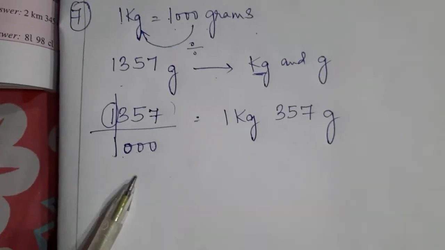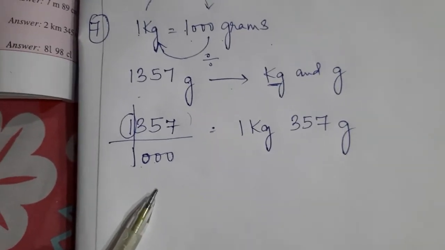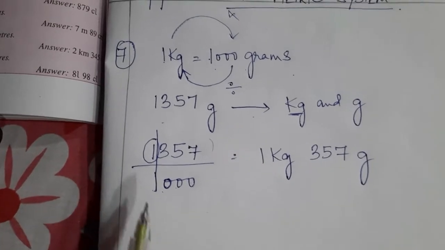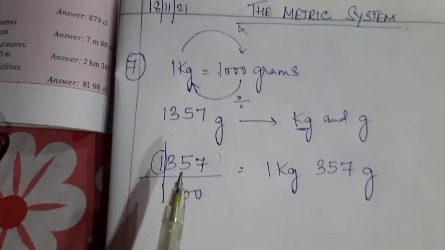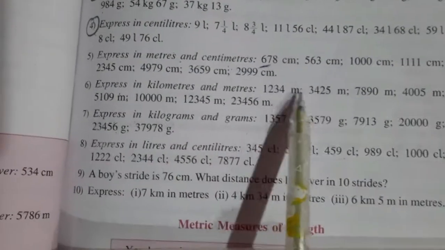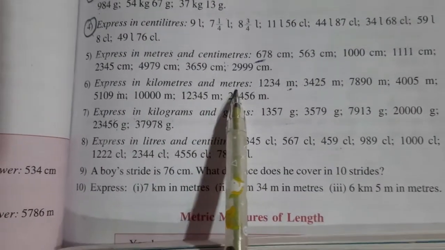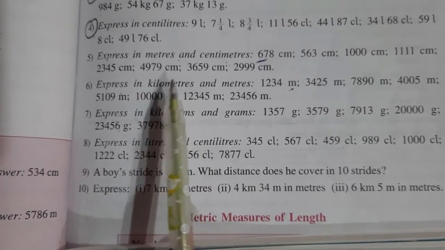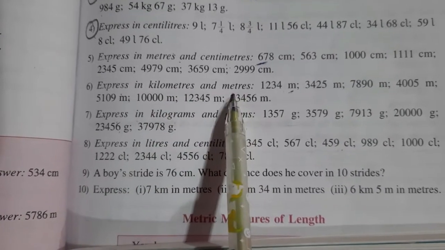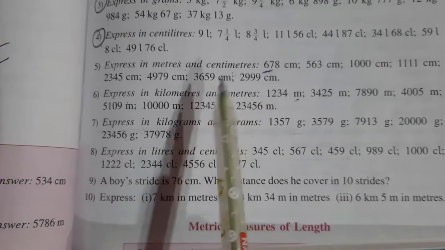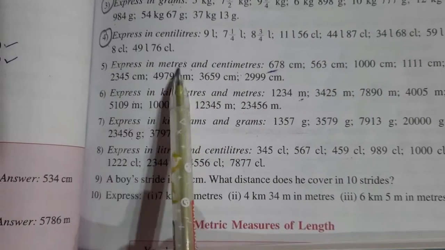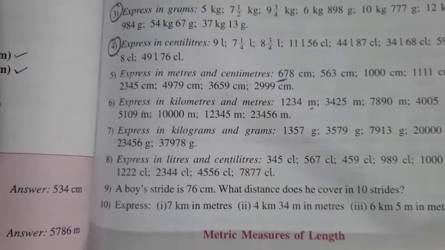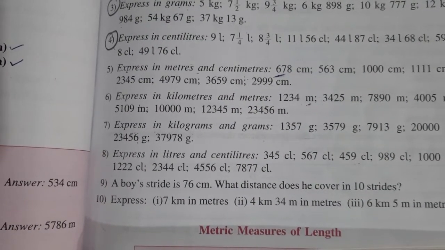Now I hope you have understood how to solve these type of questions. Same thing. We were dividing using 1000 when we were converting meters into kilometers and meters. Why with 1000? Because 1 kilometer is equal to 1000 meters. Whereas when we were solving the question, express in meters and centimeters, we were dividing with what, students?